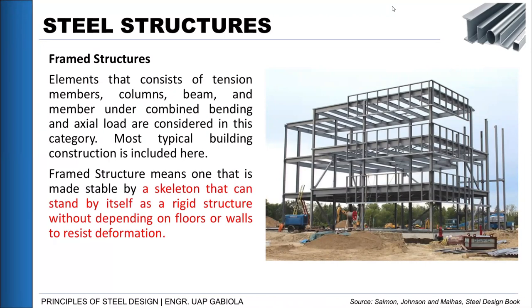When we say frame structure, it is a skeletal system of the structure wherein even without walls or slabs, the frame itself is sufficient and can already resist the loadings.